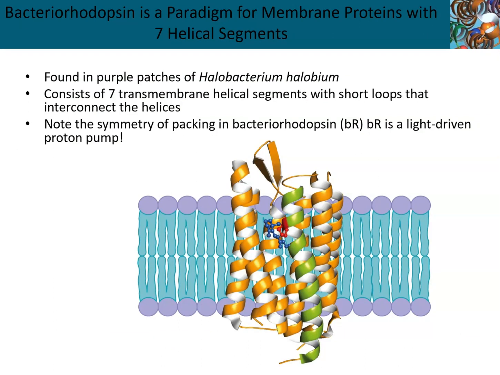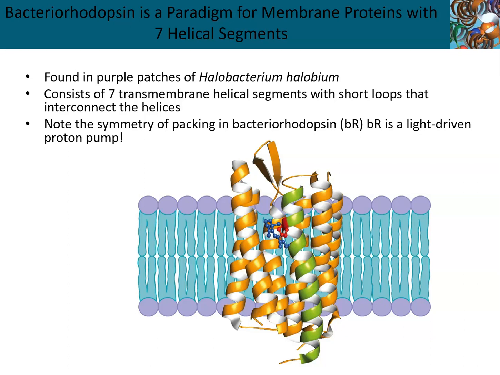So this is what it looks like. This is a classic example of an integral membrane protein, which is also a pore or pump. This happens to be Bacteriorhodopsin, and it's a light-driven proton pump. What this consists of is 7 different transmembrane helical segments, which have very short loops connecting them. So there isn't a lot of extra protein hanging out in the aqueous environment.